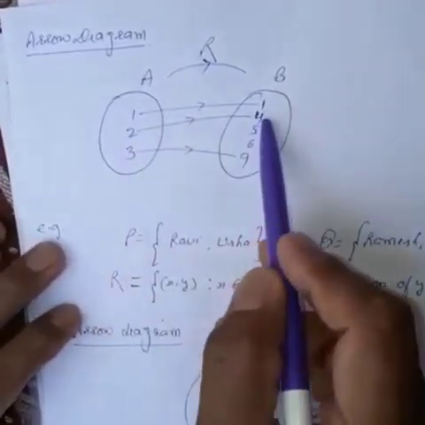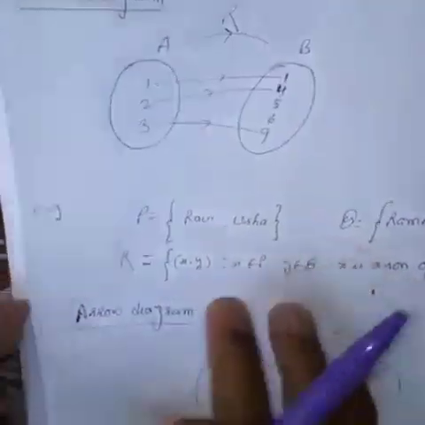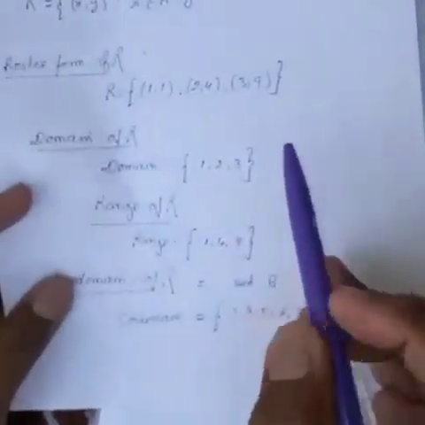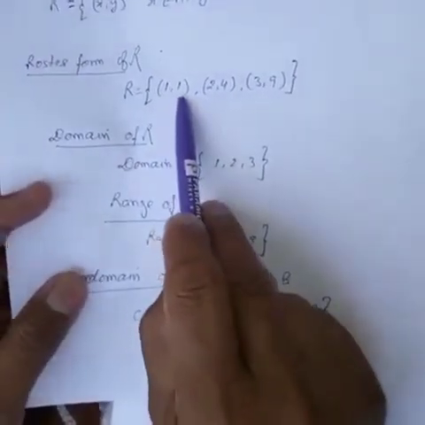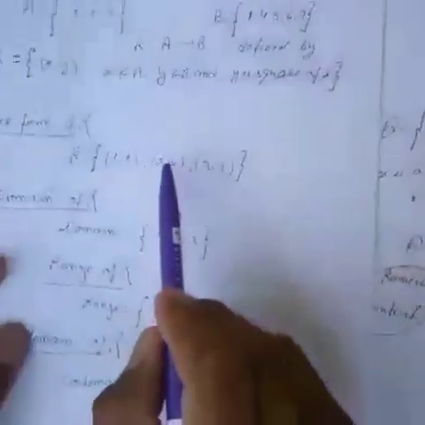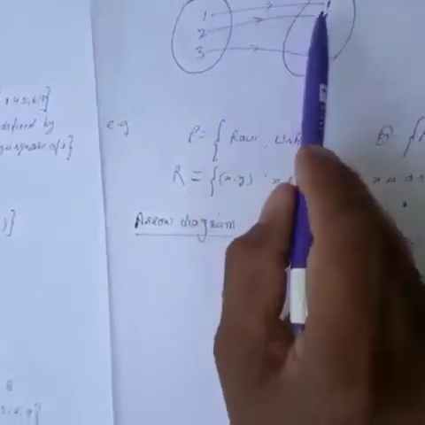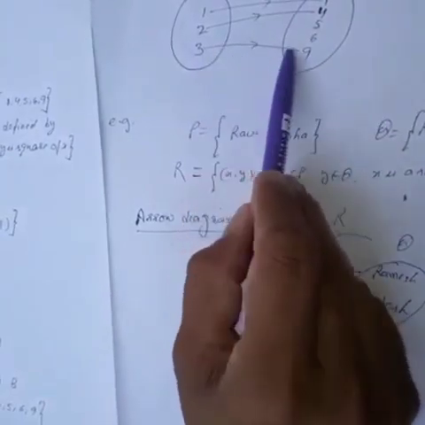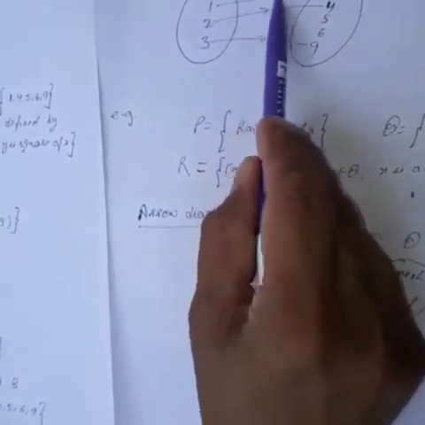Similarly 2 is paired with 4, because we have defined the relation in the previous example. 1 is the first element, so 1 will be paired with 1. Similarly 2 will be paired with 4. Similarly 3 with 9, with the help of these connecting arrows. So this is the arrow diagram.